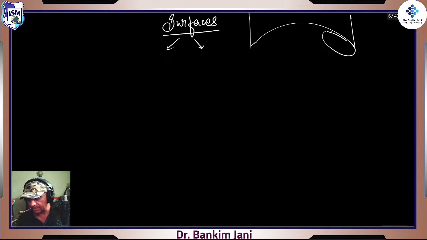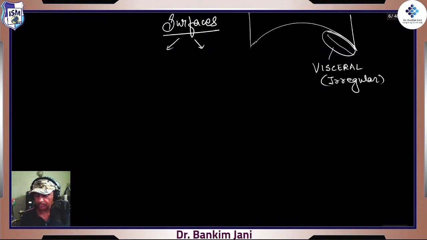It means there is one surface which is in close approximation with the diaphragm, so that is smooth. And then there is another part over here, which is called the visceral surface. This is not smooth. It would be irregular, as it will be associated with so many organs.